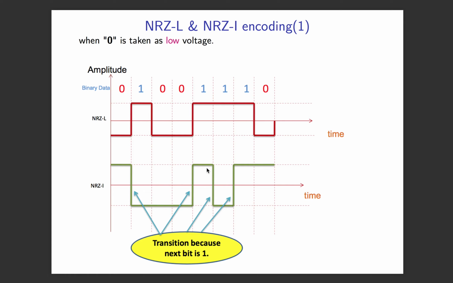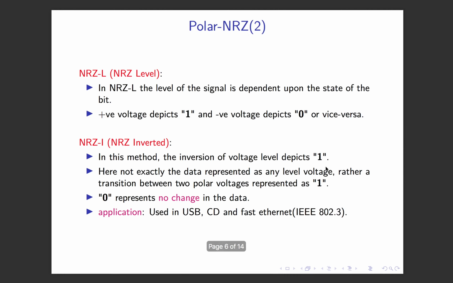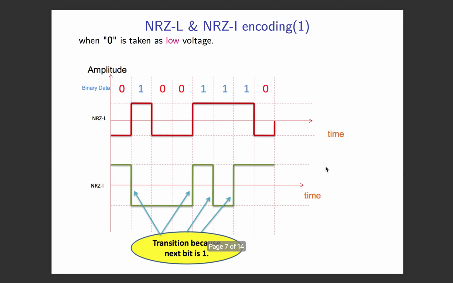From here we can see that if there are consecutive ones, we get an alternating pattern. As for applications, we use the NRZ-I scheme in USB, CD, and Ethernet.